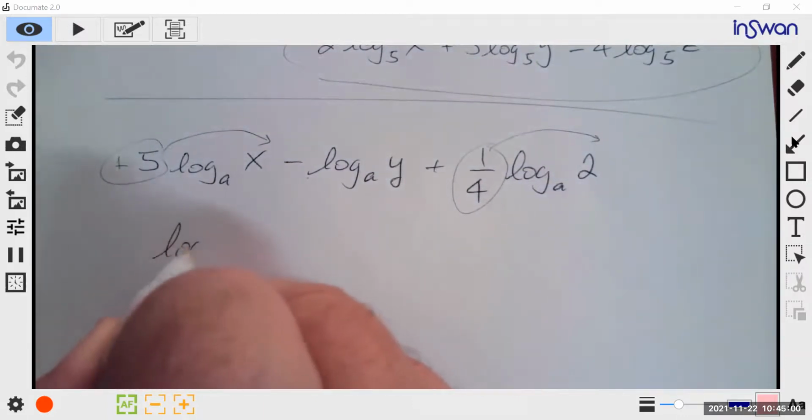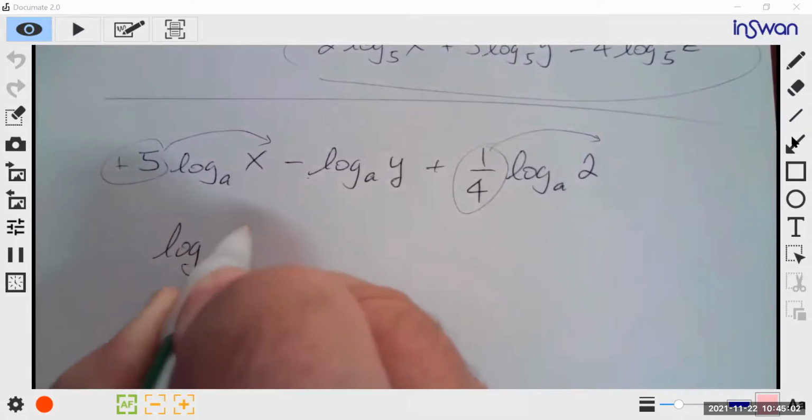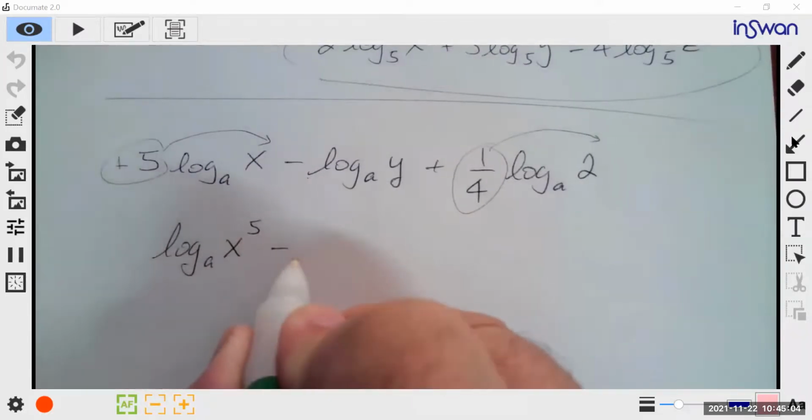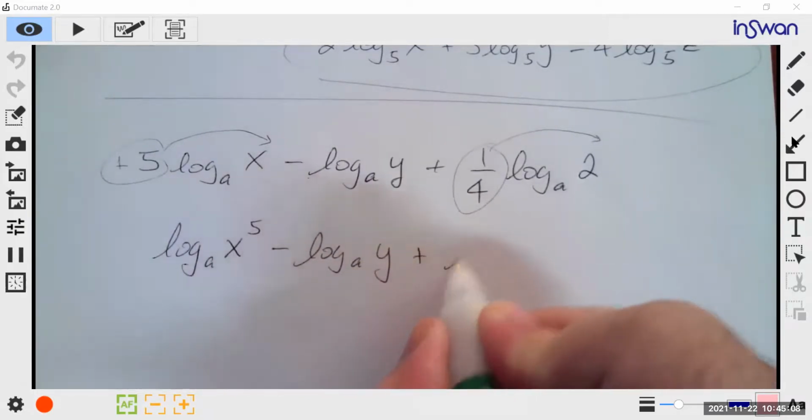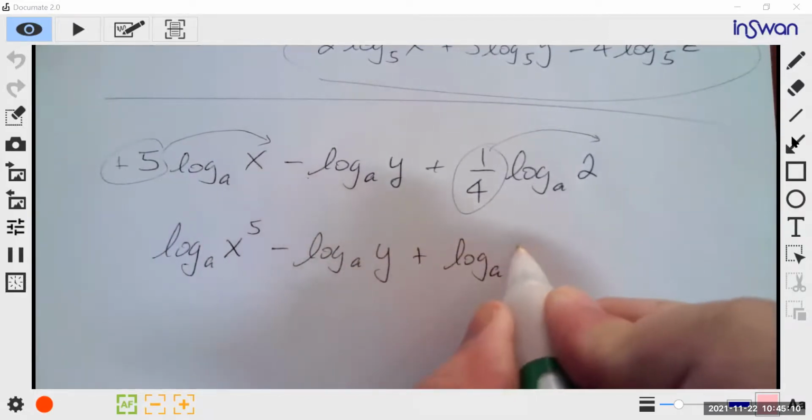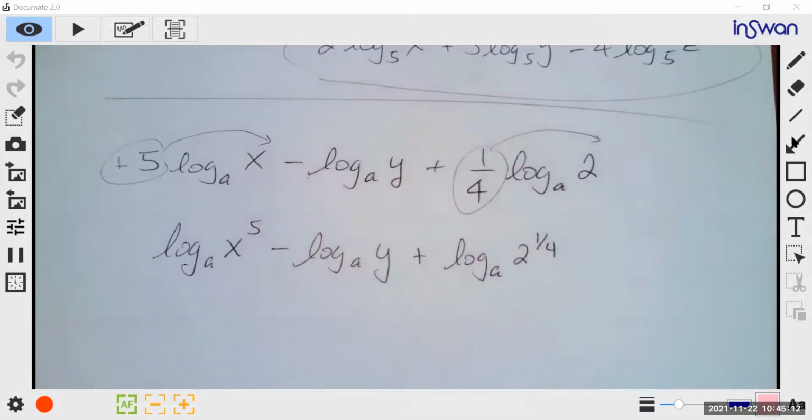So this is log base a of x to the fifth, log base a of y, log base a of 2 to the 1/4 power.